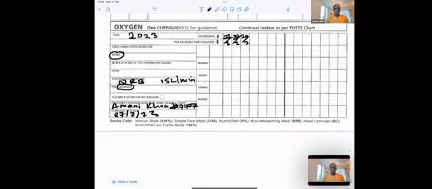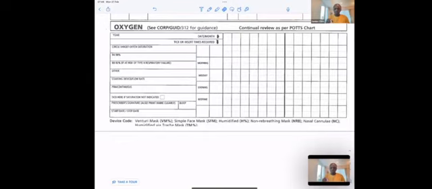Now, if the patient needs, for example, the COPD, I'm going to rub this. All right, so now let's do the COPD. Again, we start 2023, and the date.